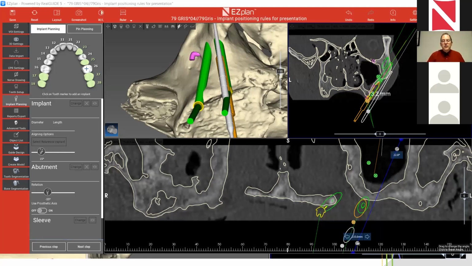So how do we find the entry point? We talked about that already, so I will not repeat myself.